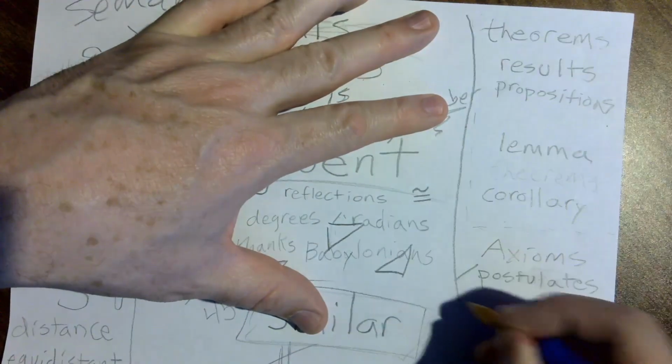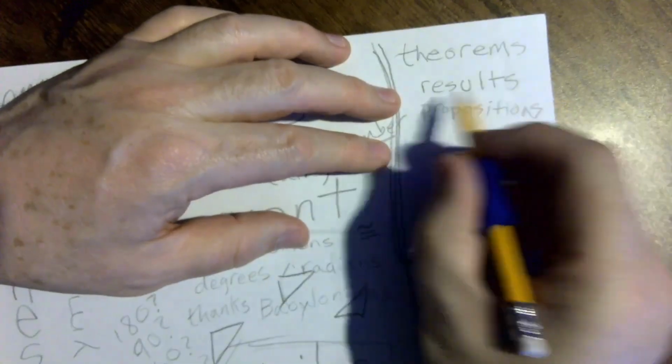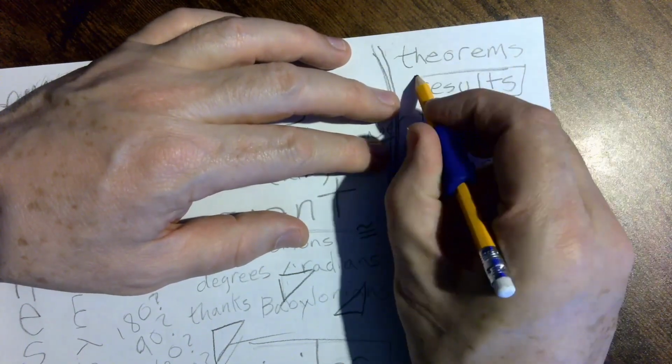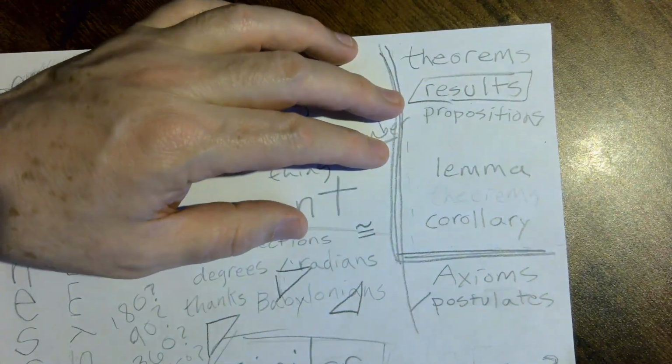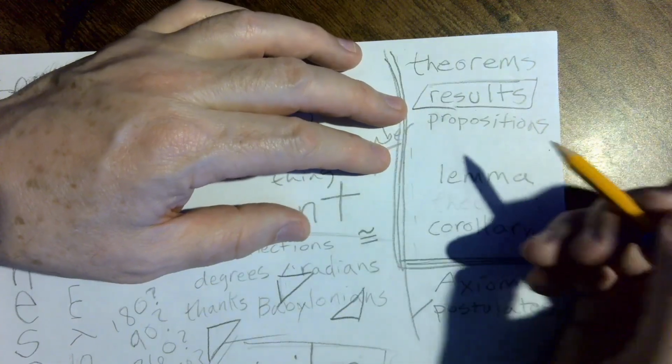But let's get back to the heart of the matter. We're talking about writing theorems. Okay, and these are words for theorems. Now, what we do in these little puzzles in this book, you might call them results, or that might be a more accurate term, but it's basically another word for theorems.